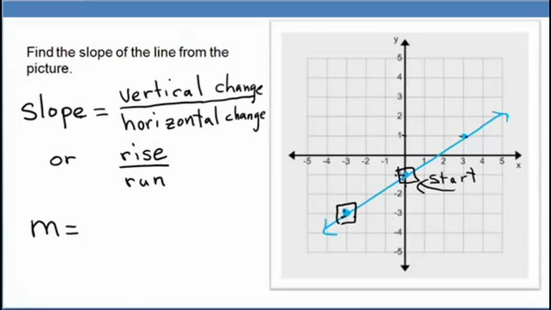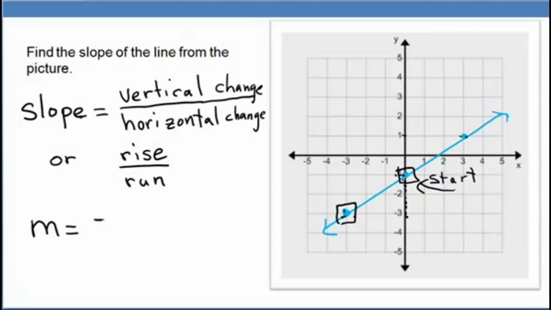Let's just have one more look at this graph and count between different points. So we'll just start at a different place. I want you to see it doesn't matter which ones you start at as long as they're on the line. So we'll start at this one in the middle and we'll go down to the lower one. So first we do our vertical movement starting at this point. To get to the lower point, we will have to go down 2 spaces.